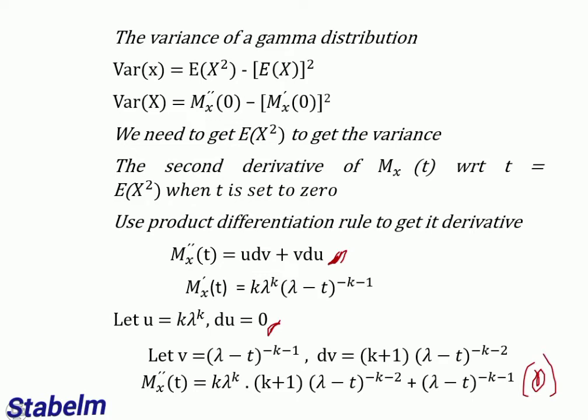So the whole of this is going to be equal to 0. So going further, we're going to have M double prime subscript x of t equals k lambda raised to power k multiplied by k plus 1 into bracket lambda minus t raised to power minus k minus 2.